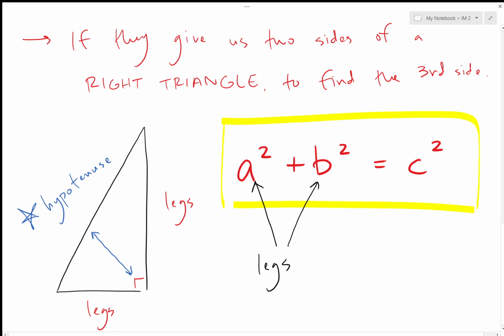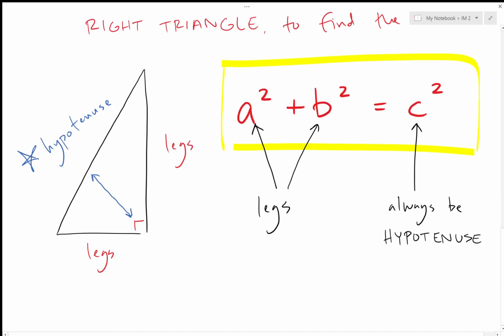You can put either number in either place. A and B don't really matter, but C has to always be the hypotenuse. It's the most important side, it's the biggest side, has to be C. So again, we use this to find the missing side of a right triangle. Let's get to our first example.